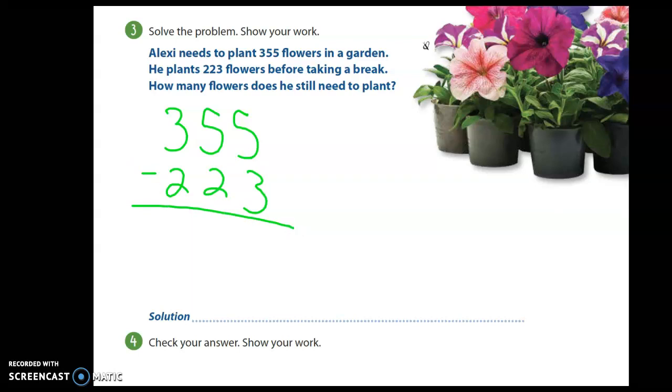So do I start on the left or the right? On the right side. So it's 5 minus 3, 2. And then 5 minus 2 is 3. And then 3 minus 2 is 1.